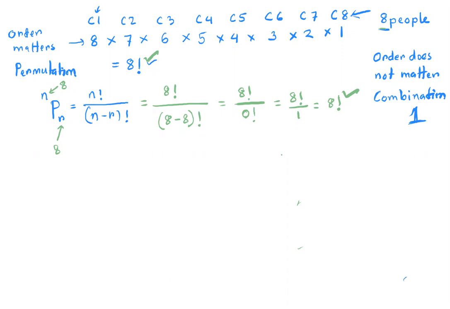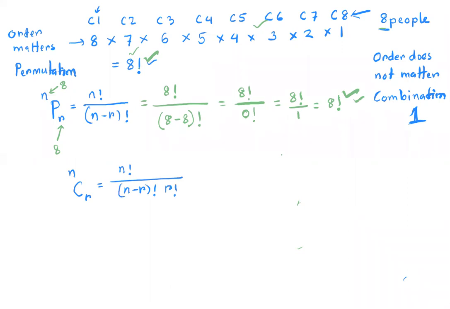This is more logical thinking, analyzing the problem and coming up with this number, and this is using the formula. Now let's do the same thing, but this time we are going to do combination. So nCr is equal to n factorial divided by n minus r factorial times r factorial.